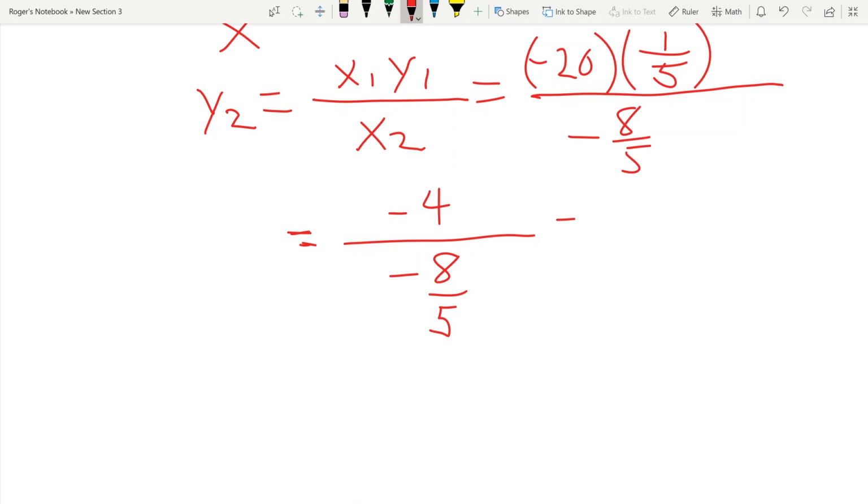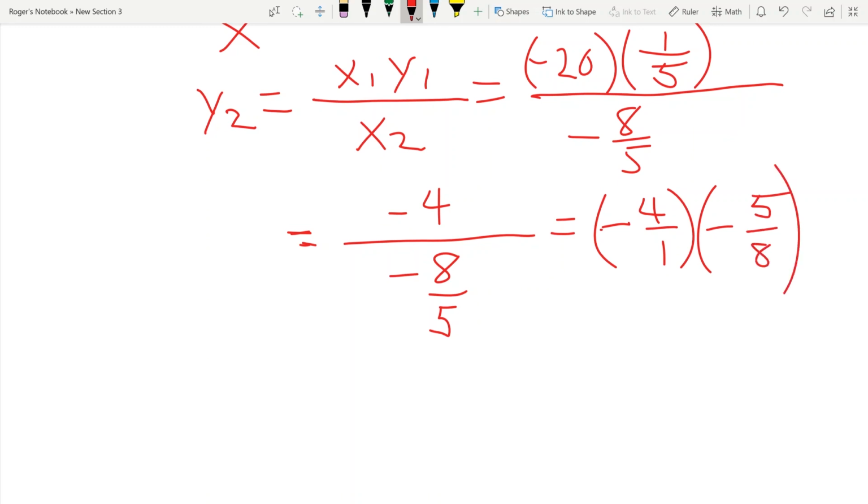So this will be equal to negative 4 over 1, and we're going to be multiplying that by negative 5 over 8. We invert and we multiply.